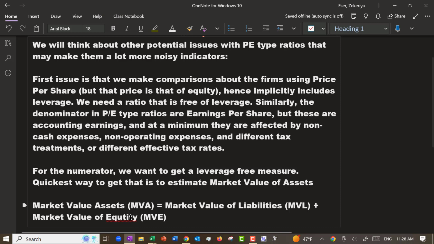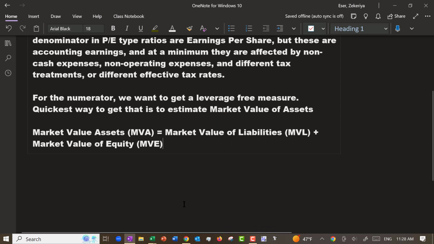Whether you do that on a per share basis or not doesn't matter. If you calculate market value of assets per share, then you're going to use earnings kind of measure per share. Otherwise, you'll use the total.